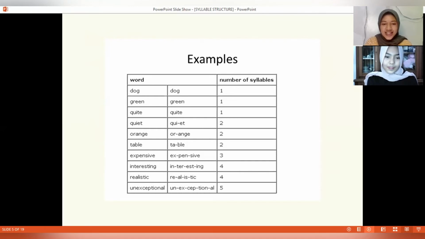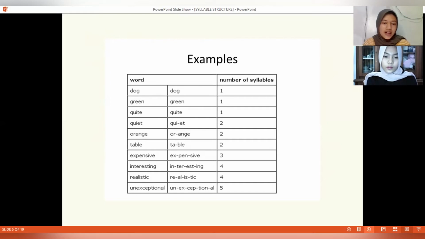Table is ta and ble, two syllables. Expensive is ex, pen, and sive, three syllables. Interesting is in, ter, es, and ting, four syllables. Next, realistic is re, al, is, and tic, four syllables.